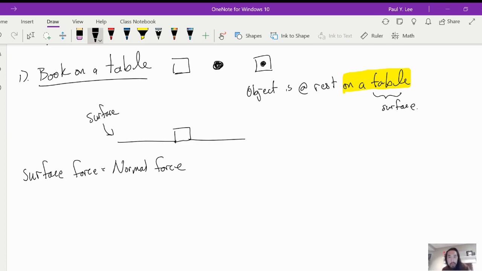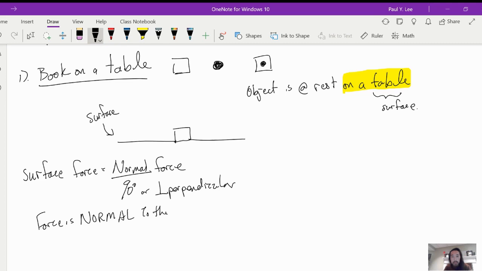So that's not the type of normal that we're talking about. Normal in this case is a mathematical term, which means 90 degrees or perpendicular, okay? Perpendicular. That's what normal means. And so the force will be normal to the surface. So I'm going to write that down. The force is normal to the surface.